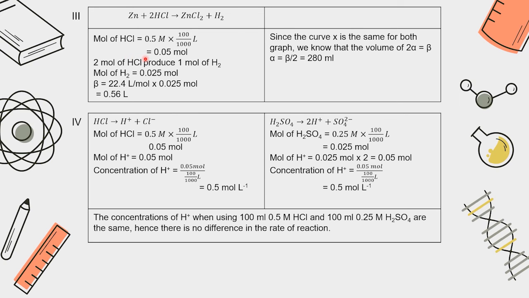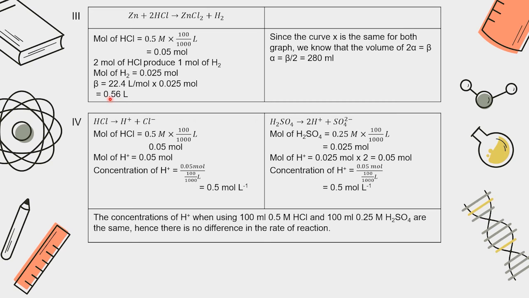And since from the equation 2 moles of HCl produce 1 mole of hydrogen gas, this means that the mole of hydrogen gas produced is half the mole of HCl, which is 0.025 mole.